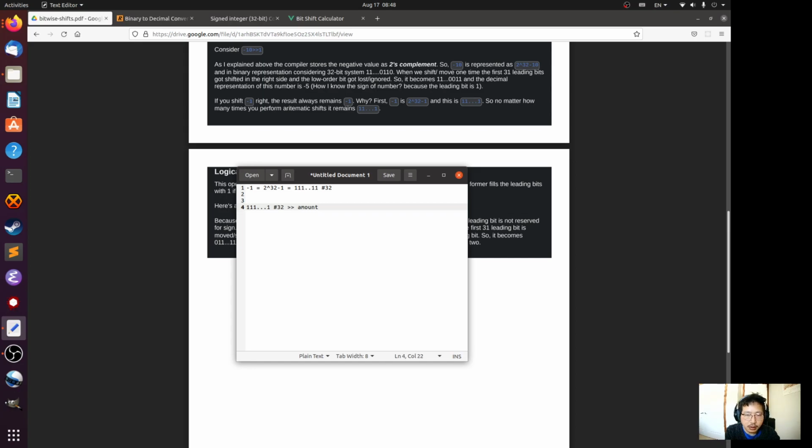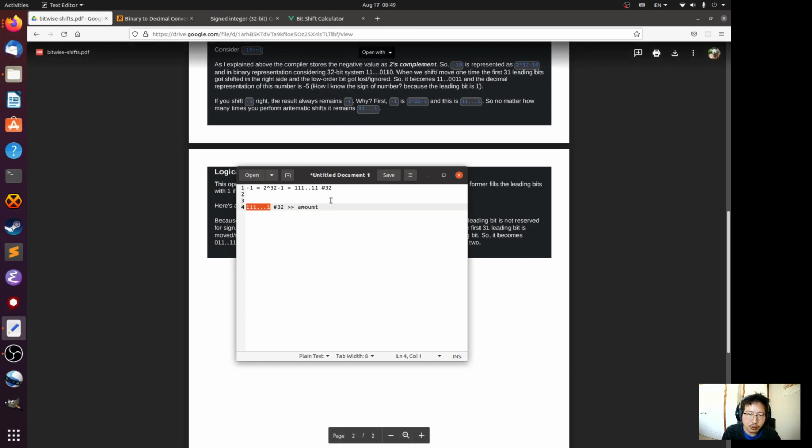then you'll see that the leading bit is copied. All the high order bits, the leading bit is copied this many times, by this amount. So it doesn't matter how many times you shift, it will always stay as all the bits filled by 1, so it always stays minus 1.